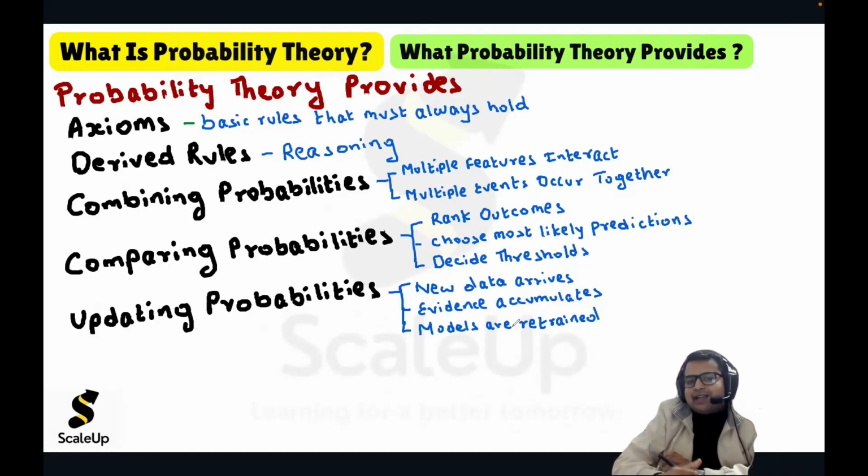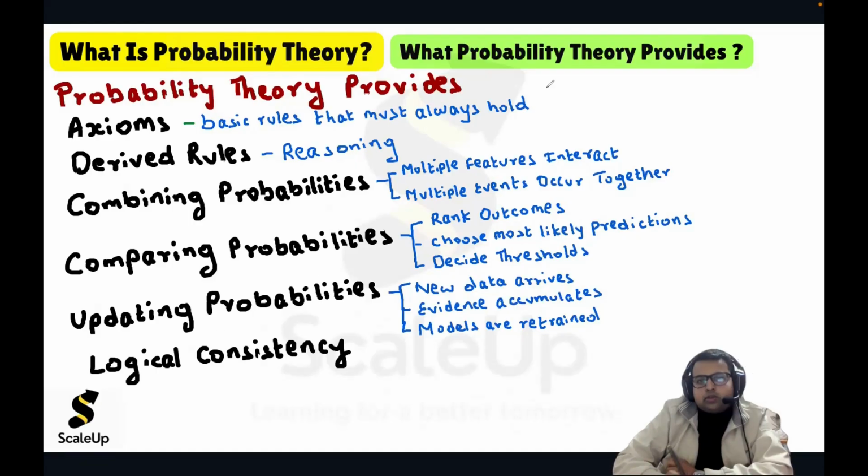Now, how exactly to update the probabilities? That is defined by the systematic rules of probability theory. Probability theory also provides logical consistency. It ensures there are no contradictions, because the systematic rules are designed in such a way that there is no scope for contradictions.